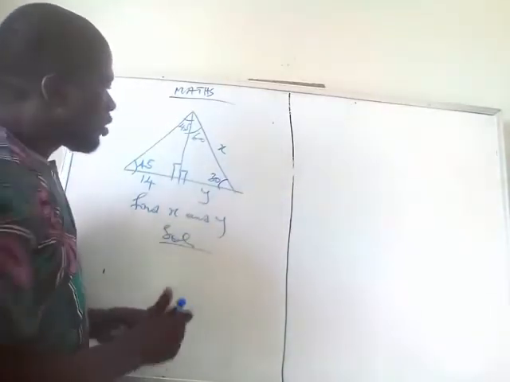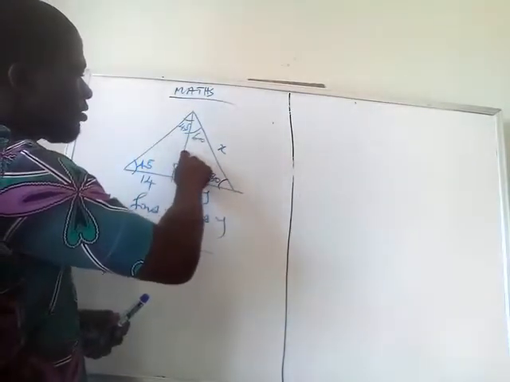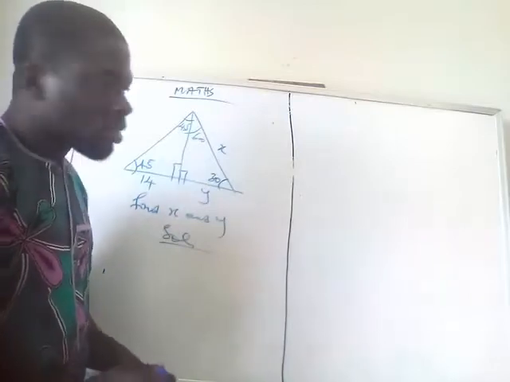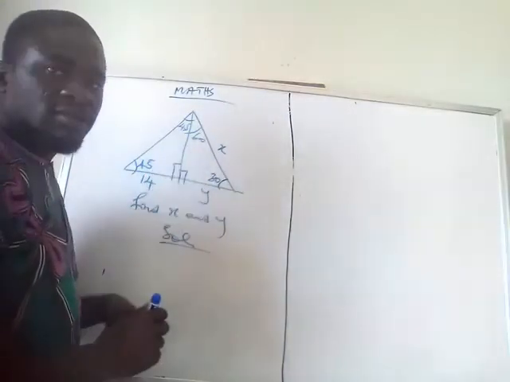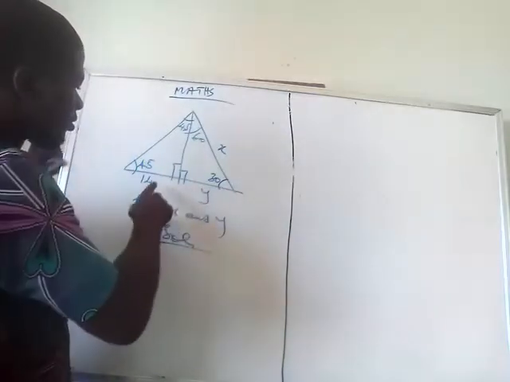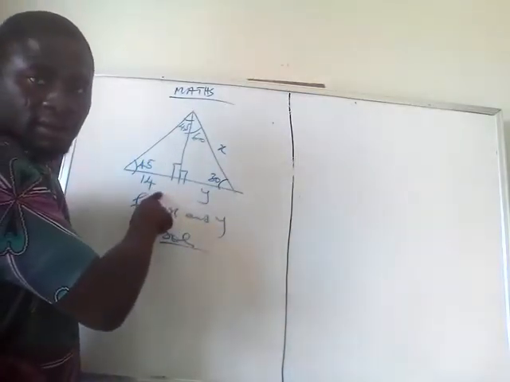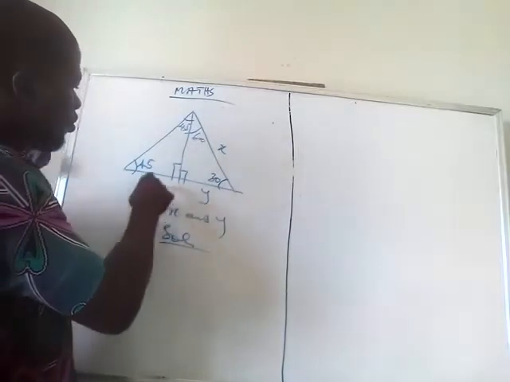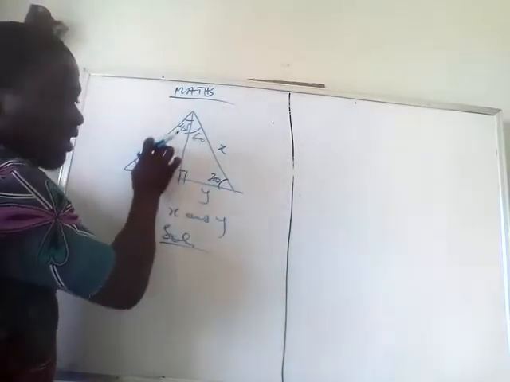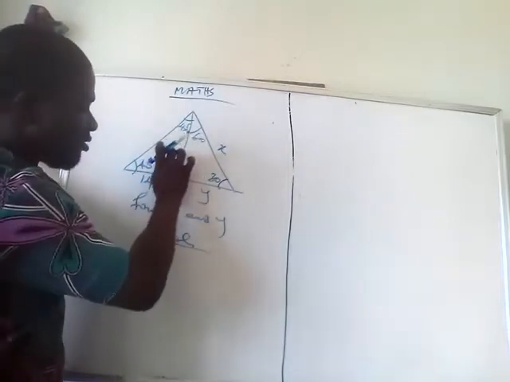The first thing you will do is to find this middle side, the altitude. You can start from either side, but here should be the preferable place to start. So you go opposite over adjacent, because we are looking for this.